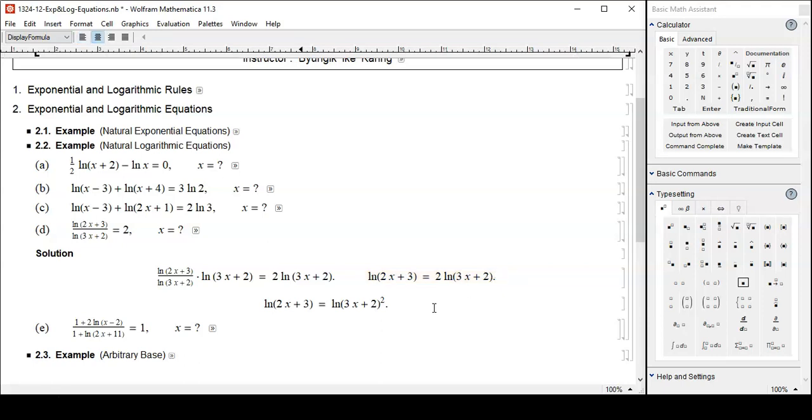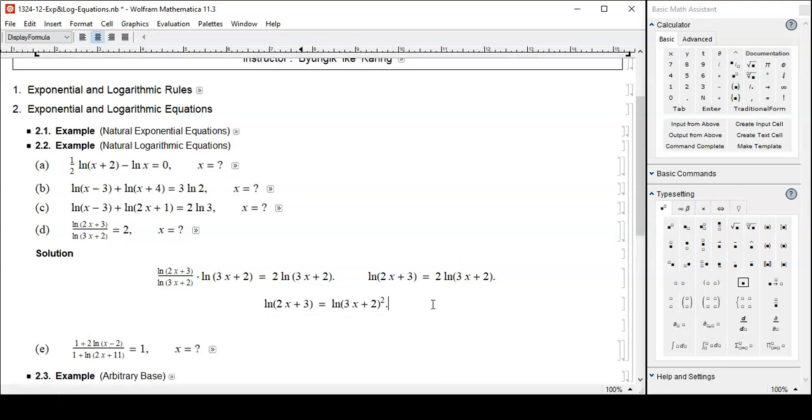And then we can remove the logarithm because there's nothing in between, so we can take the exponential of this, the exponential of that. I took the same thing to both the left-hand side and right-hand side, so that's okay. And then log and exponential cancel out.